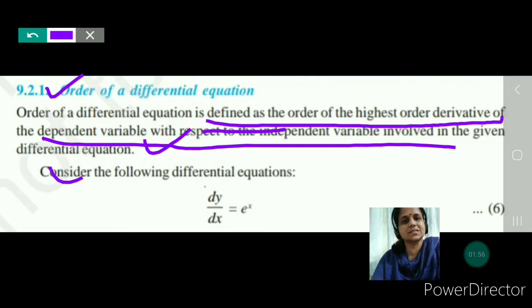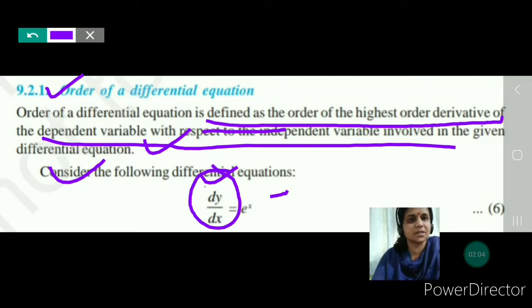Consider the following differential equation: dy upon dx is equal to e raised to x. It means there is only one time derivative of y with respect to x. Here y is a dependent variable and x is an independent variable, and this equation is of order 1.